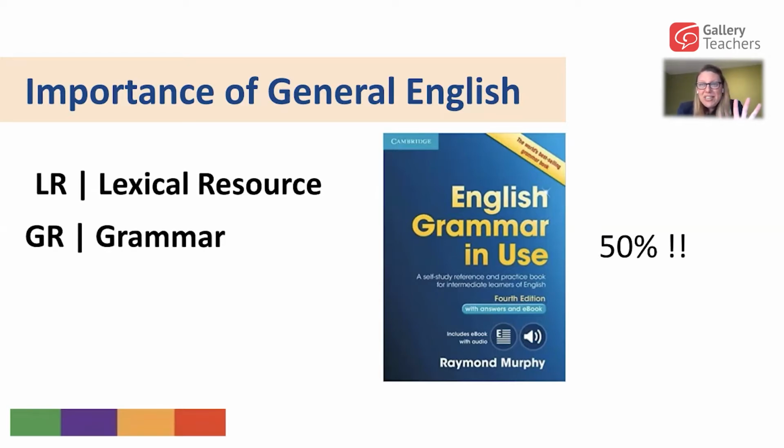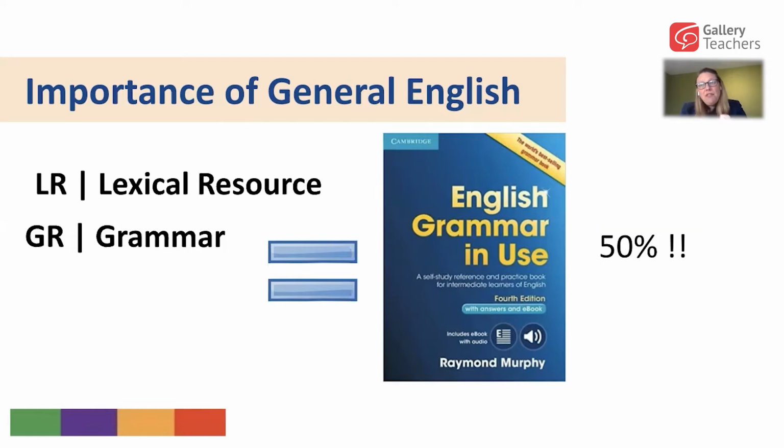And I've featured here our friend Raymond Murphy with his classic English Grammar in Use book, which I'm sure we are all familiar with. As I said, it is really important to communicate to your students, showing them the band descriptors. There are 4 band descriptors, and 2 of them are general English connected.